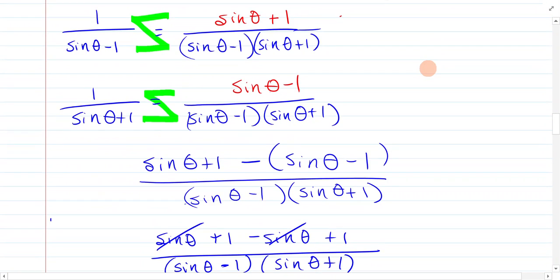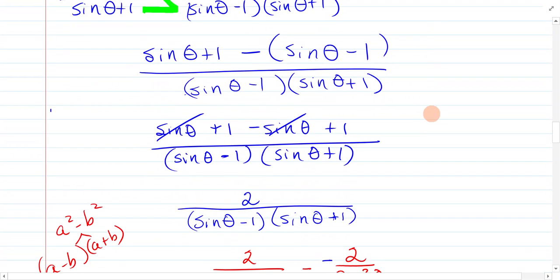So now we have sine theta plus 1 minus sine theta minus 1. Make sure that's in parentheses all over that denominator. Then this minus distributes here, and we have sine theta plus 1 minus sine theta plus 1. The minus sine theta and the positive 1 cross out. You have 1 plus 1.